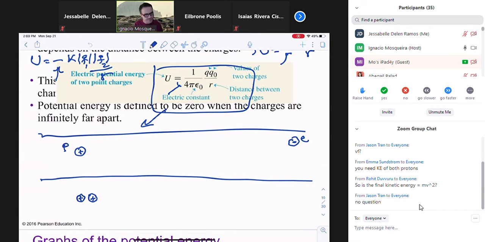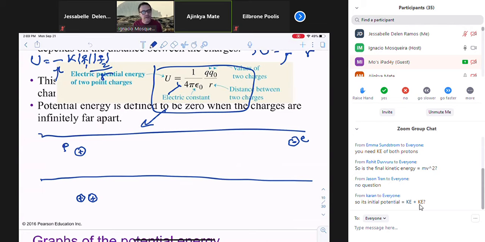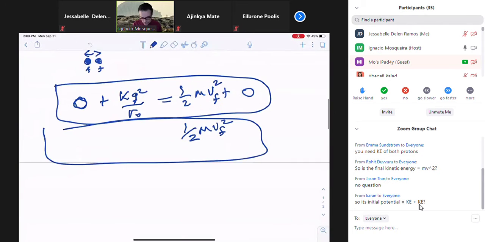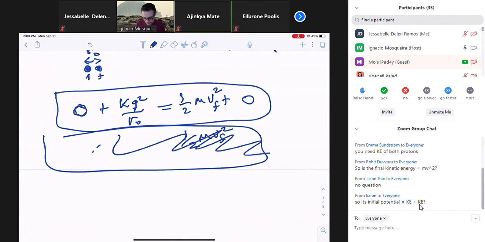Professor, what was wrong with the previous equation again? Right. It's not that it's wrong. In the second case, if you let both protons go, they will both start moving. So you cannot just consider the kinetic energy of one of the protons. When I wrote it originally, the kinetic energy was initially 0 for both.